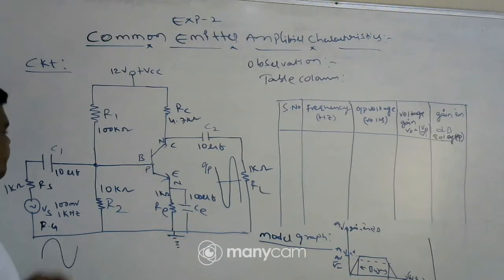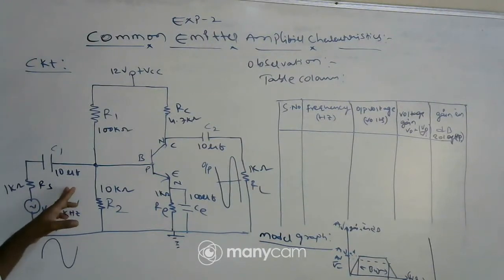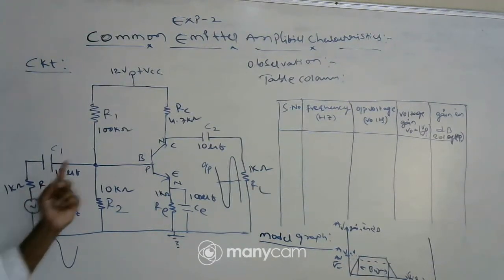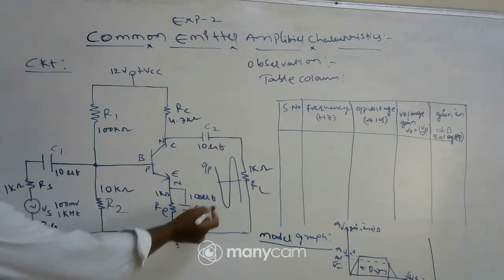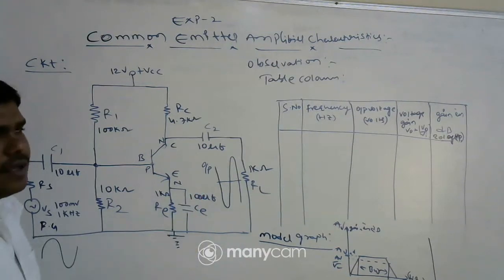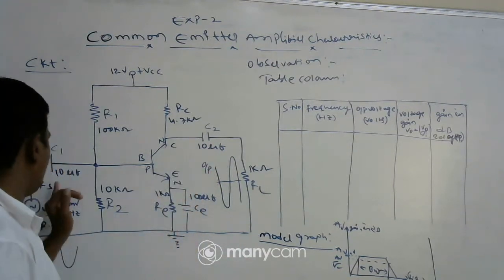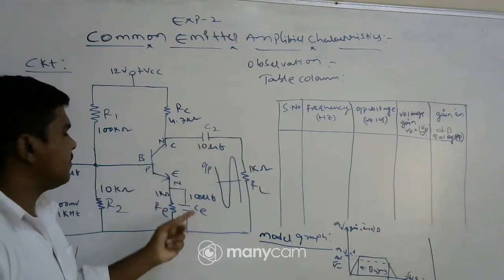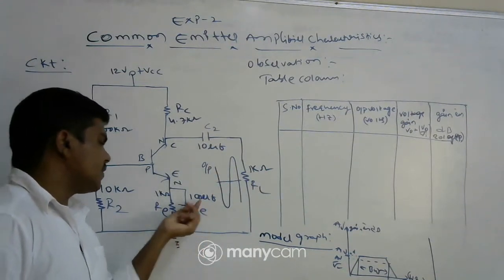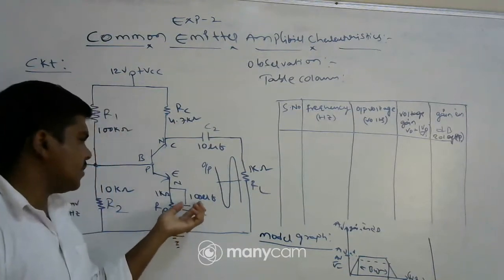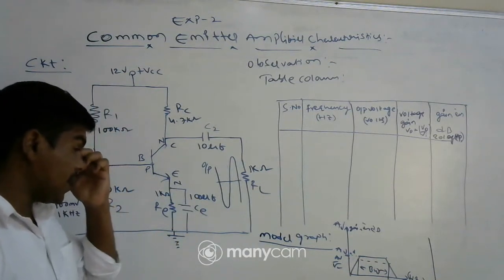The source signal has some source resistance, which we represent with a 1 kilo ohm resistor, and this is the coupling capacitor. C1 and C2 are both coupling capacitors of 10 microfarad, and the electrolytic bypass capacitor is 100 microfarad.